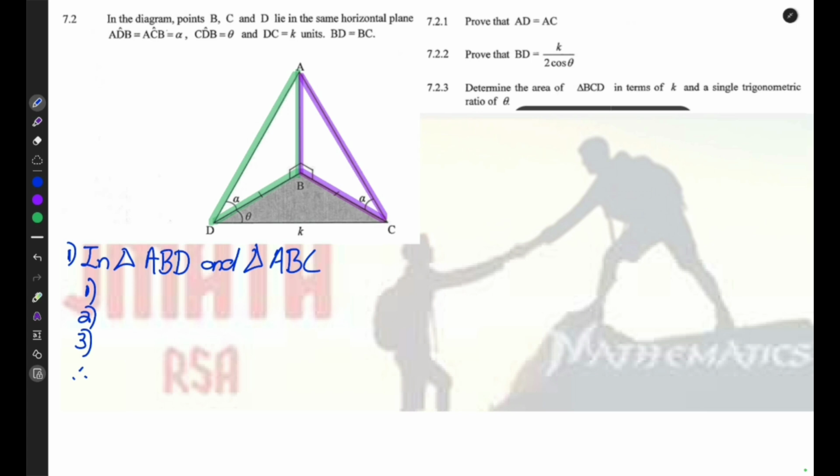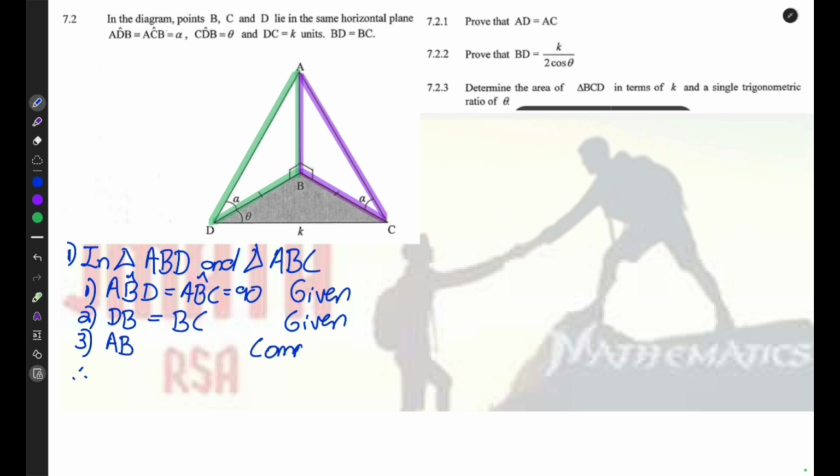So I can say angle ABD is equal to angle ABC is equal to 90. That was given. Okay, I see that DB is equal to BC. That was also given. And then lastly, AB is a common side. So I can just say AB, common side. And therefore, triangle ABD is congruent to triangle ABC.